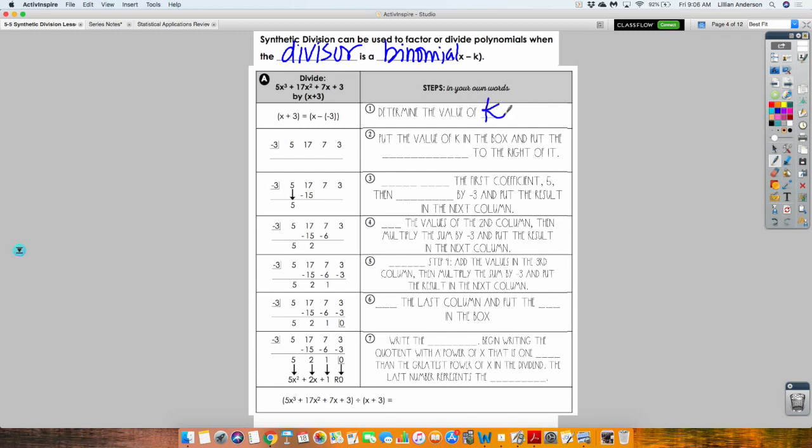And the k basically represents the opposite of what's on the inside of that divisor. So as you can see, we have x plus 3. And so k is going to be a minus 3.